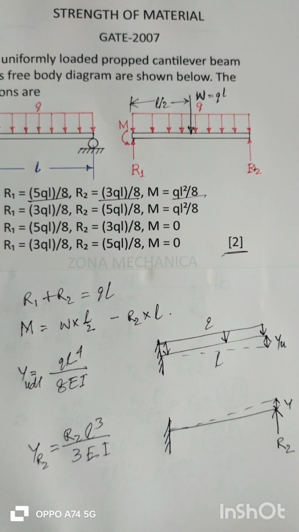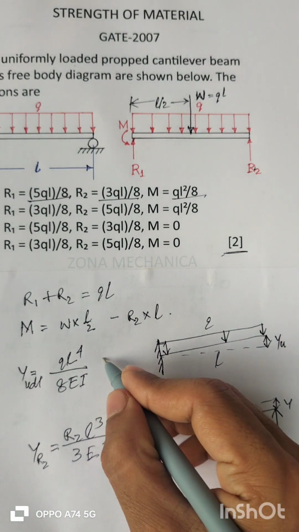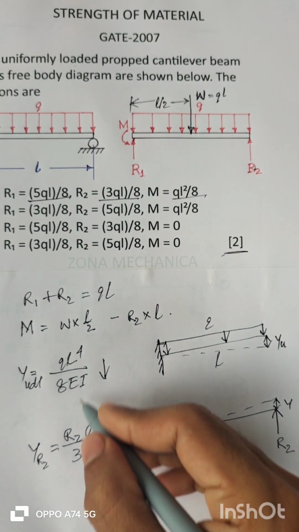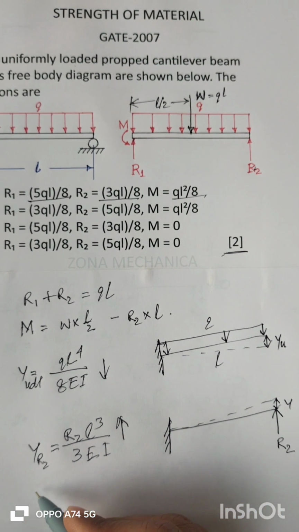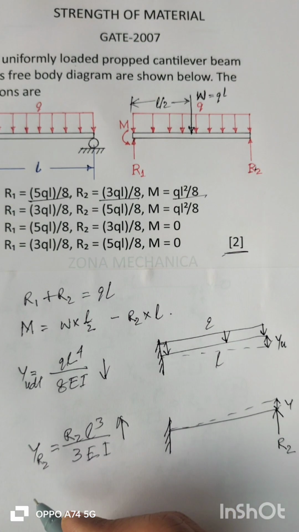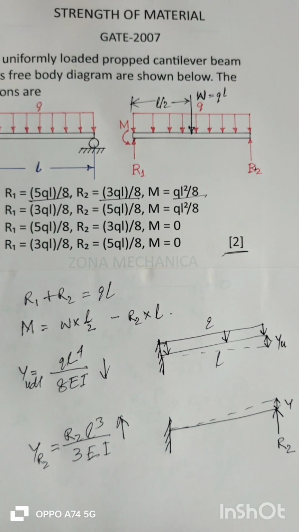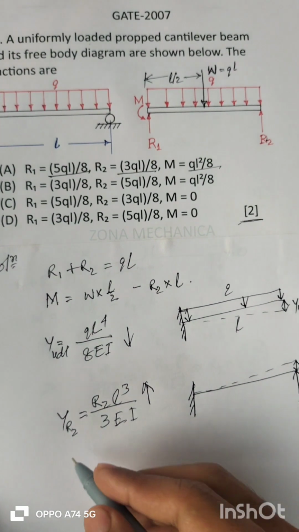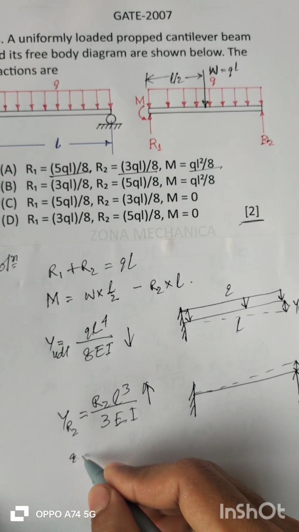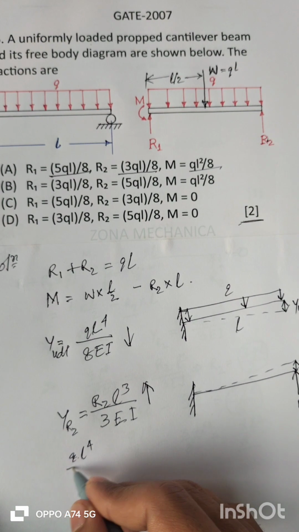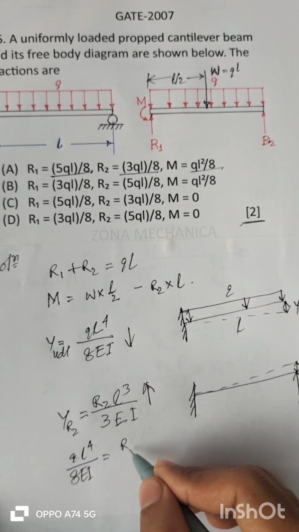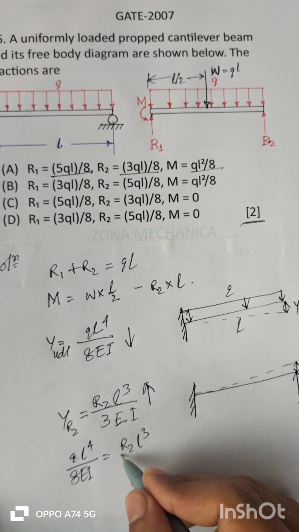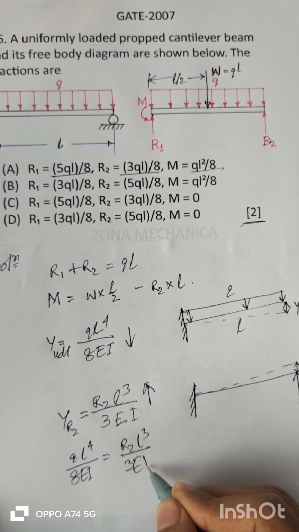This is downward and this is upward, so these two will nullify each other. That means these two are equal in magnitude. So if we equate these two, we get Q into L to the power 4 by 8 EI is equal to R2 L cube by 3 EI.